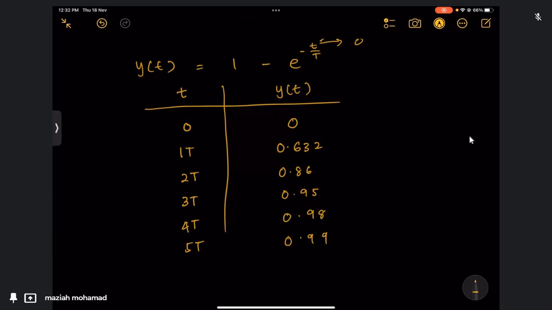Okay, so basically the value will be standard form. Here we can see that when t is 1t, where t is the time constant, it proves that when time is equal to the time constant, it will reach 0.632, which is 63.2% of 1, because this is a unit step input.